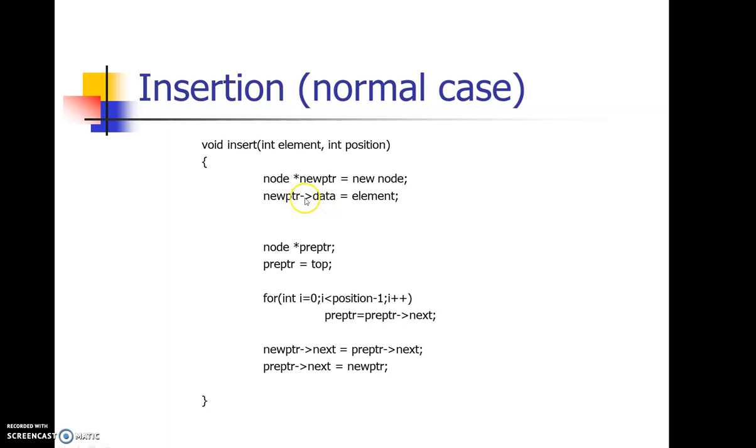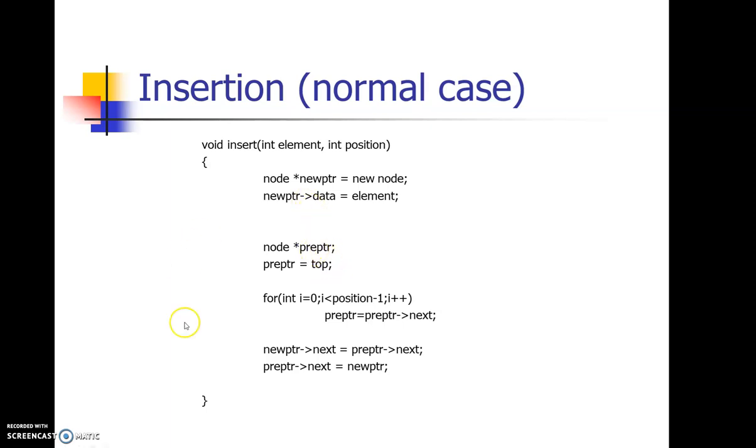Again, remember we mentioned this arrow sign is to indicate which part of what the new pointer points at I want to access. When we do new PTR arrow data part, I want to access the data part. And then we make element, which is the value we want to insert, stored into the new PTR data part. So this time we have done the very first part: prepare the space, and then put the element into the data part.